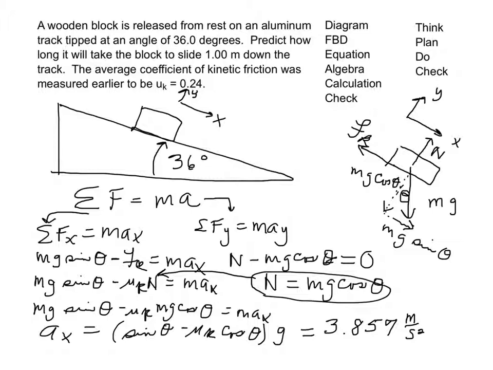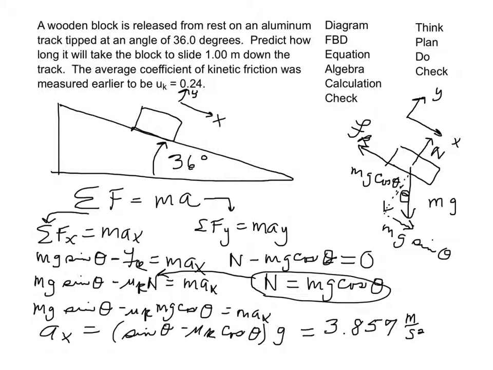So doing the algebra, substituting in the friction force as mu k n, substituting mg cosine theta for the n, and then when I get to this equation, I divide all the terms by m, and I'm left with ax equals this, factoring out the g.